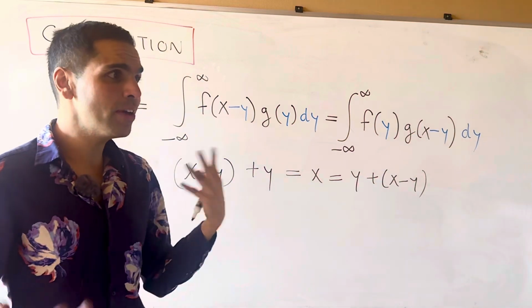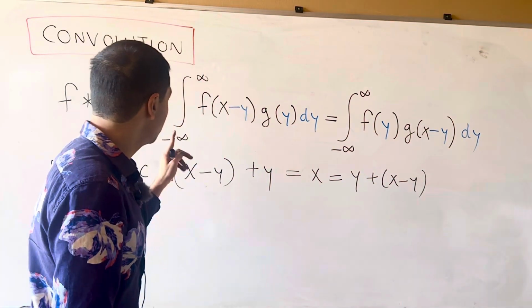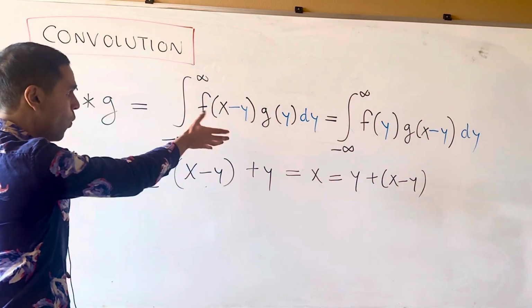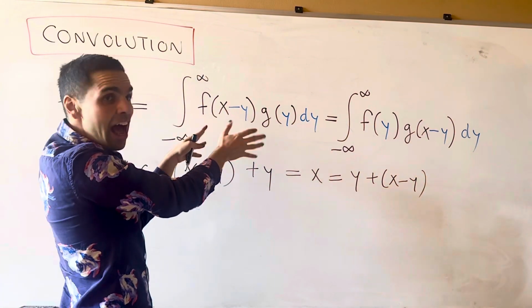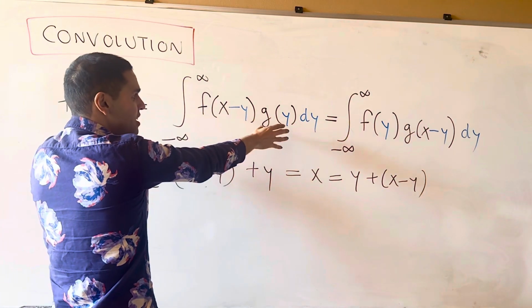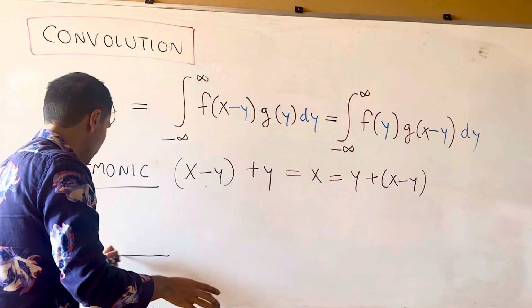And at this point, I highly invite you to check out the demo that is in the description, because what this is, it's kind of an average of f and g, but where f gets shifted to the right.